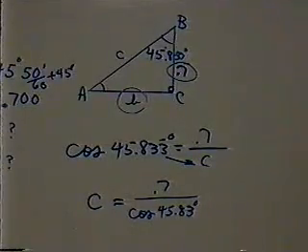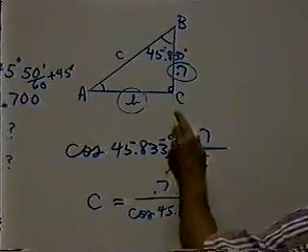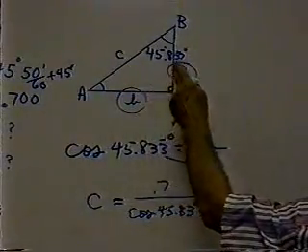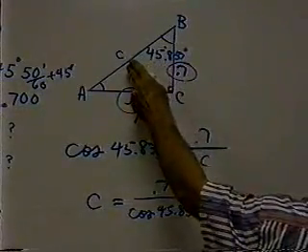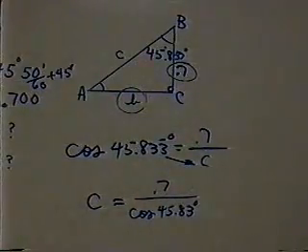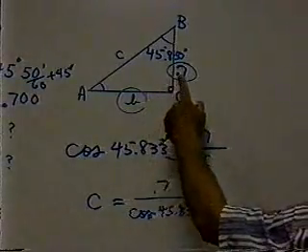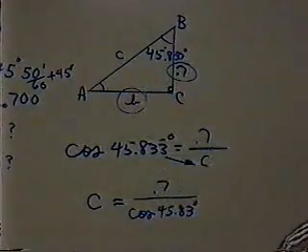Now, check your work by the Pythagorean theorem. Take the answer that we have for B, square it, plus this 0.7 squared, and it should equal C squared. Now you should ask, when I found B, why didn't I just do this squared plus this squared and go find C squared?